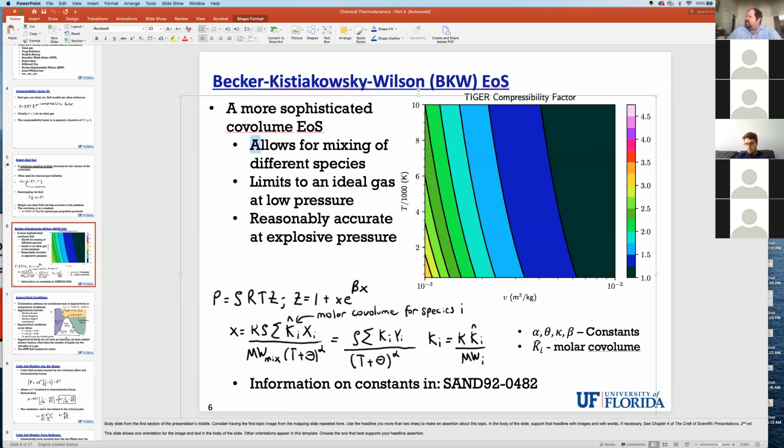So basically this range here would be typical of high explosive detonation conditions. And this big region here would be an ideal gas region, where the compressibility factor goes to almost exactly 1, and it behaves as an ideal gas as it should. Okay, and so for your homework, you'll be getting more familiar with this equation of state, and I'll have a few examples.